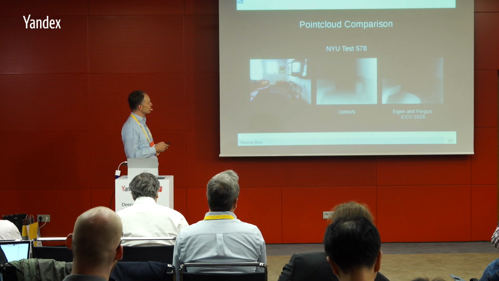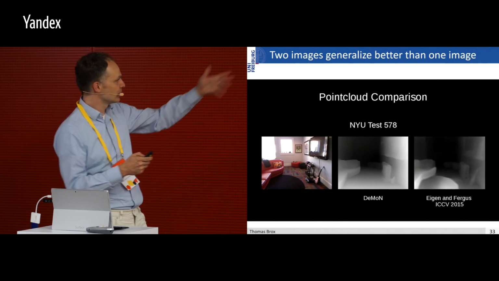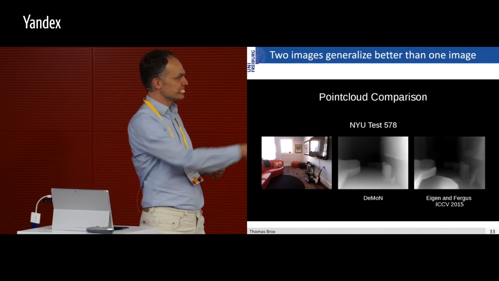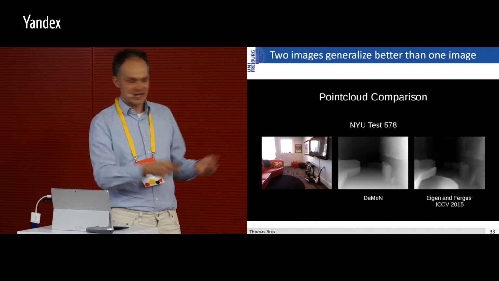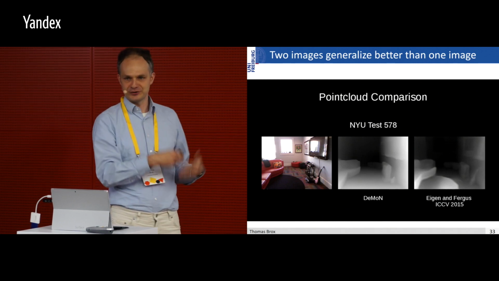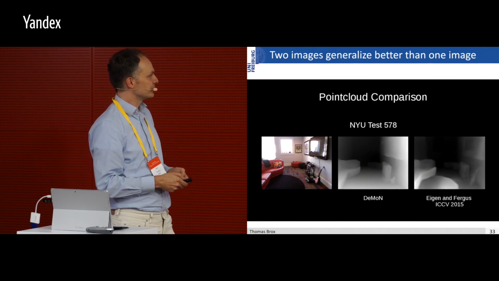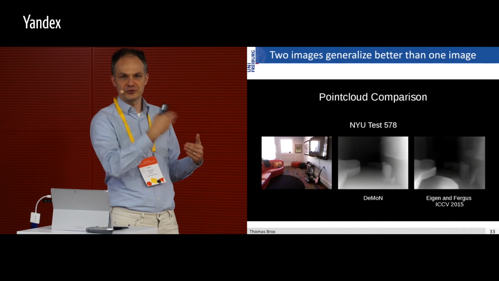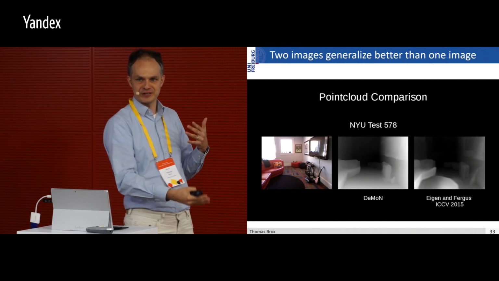Here's another example. This is now an indoor scene, which is actually good for this method, but even there you see there's some carpet here and it's mixed up with a table, and that's why the method here is confused and produces the wrong depth for the carpet, whereas here the network also uses the motion parallax, and then it's clear that the carpet has a different depth than a table.